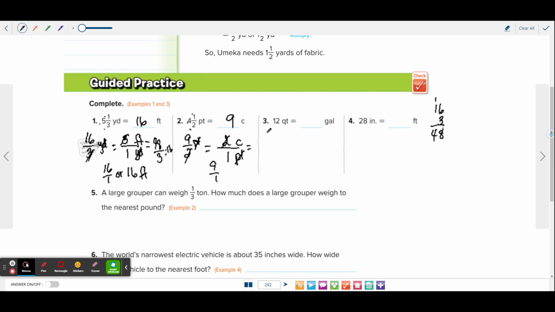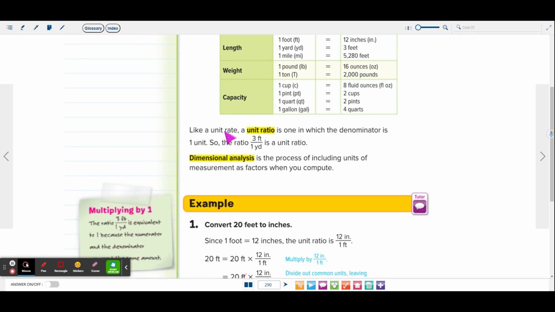Now, quarts to gallons. We have 12 quarts, so we're just going to make that 12 over 1 quarts. And then we want quarts on bottom, gallon on top. We'll go back to our conversion. Quarts, here's gallon, 4 quarts. 1 gallon is 4 quarts.